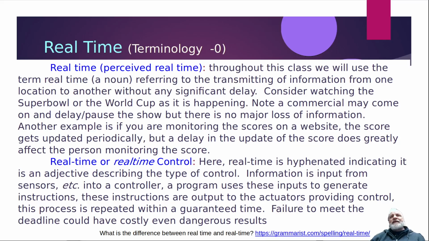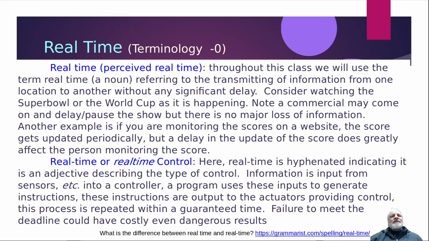And technically, you're not seeing it in real time, right? There's a delay between when it actually occurs and when it gets to your phone or your TV. There's some delay in there, but for the most part, that delay doesn't really bother us.